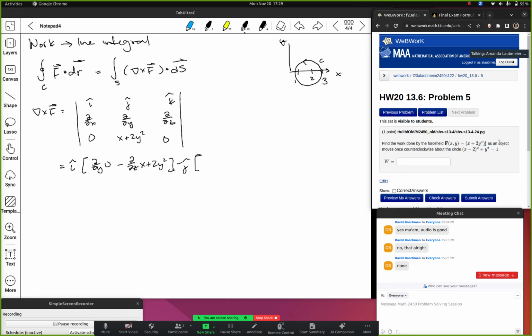Maybe you've already seen that that's going to give us a 0, but I'm going to write it all out just to be safe. For j hat, we're going to get d dx of 0 minus d dz of 0. So that one's not a whole lot to write out. And then k hat is where stuff happens. We've got d dx of x plus 2y squared minus d dy of 0.